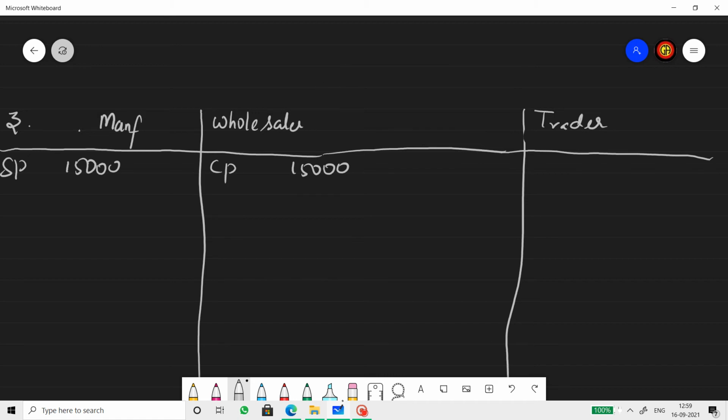So profit equals 1,200. That means selling price will be cost price plus profit. So this will be 16,200.